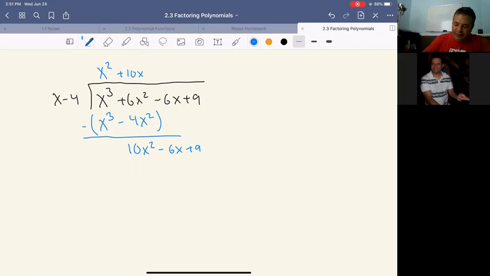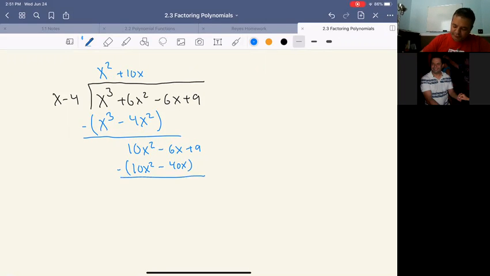Now when we multiply that 10x by x minus 4, we're going to get 10x squared minus 40x.